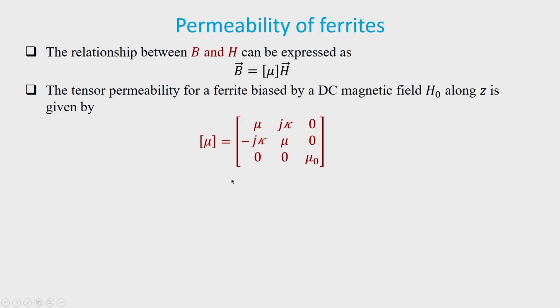Now, in ordinary non-magnetic material, the permeability is a scalar constant where B is equal to mu H. Similarly, for many magnetic materials, this relationship holds, but when it comes to ferrite, the permeability becomes a tensor permeability, and from this relation we see that every component, suppose only Hx is present, Hy, Hz are 0, then also we will get Bx, By, Bz.